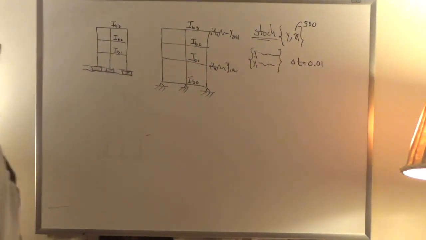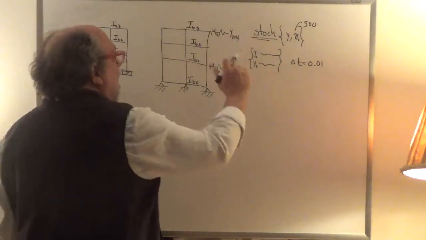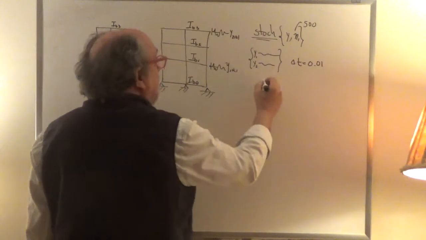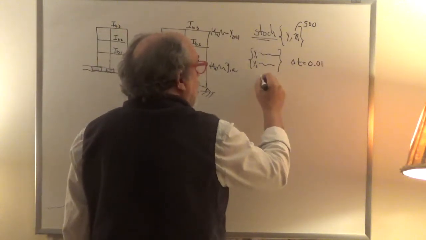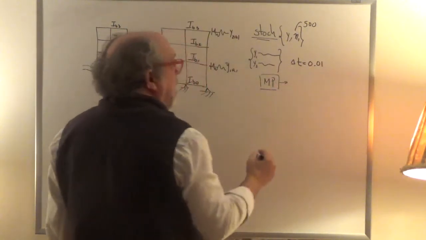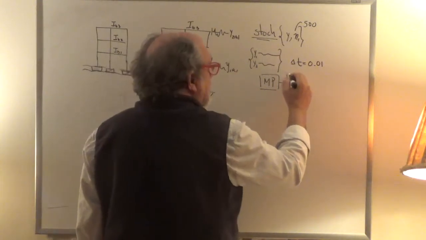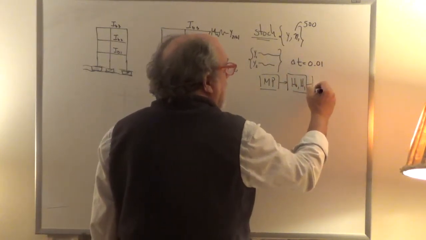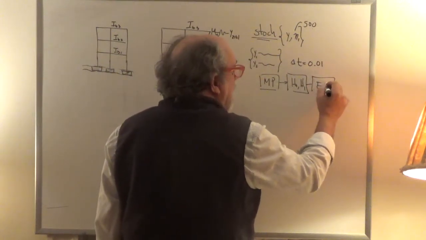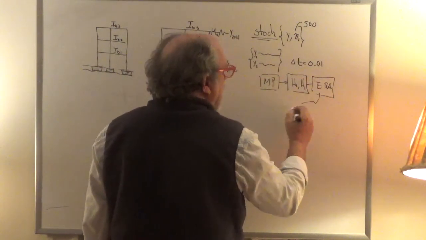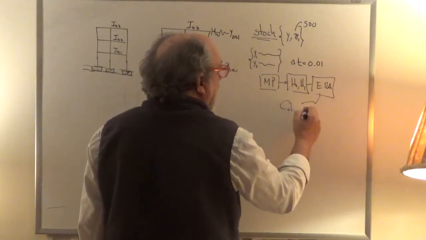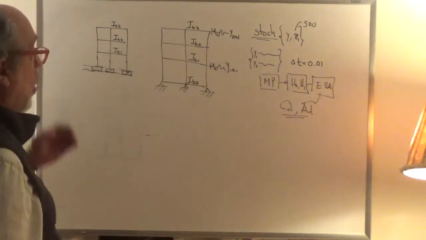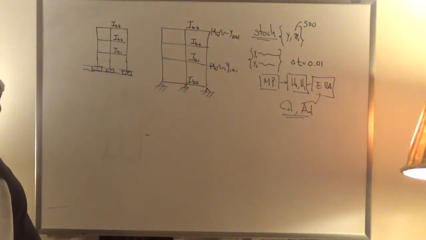So I go to my program, my stock calculates observer Markov parameter like quantities, and then from there I do my Hankels, and from my Hankels I use my ERA, and from my ERA I keep my C and my A, right? So I've done the identification part of the problem.